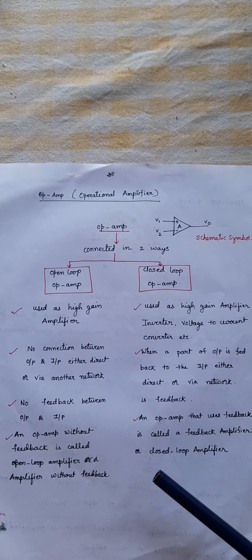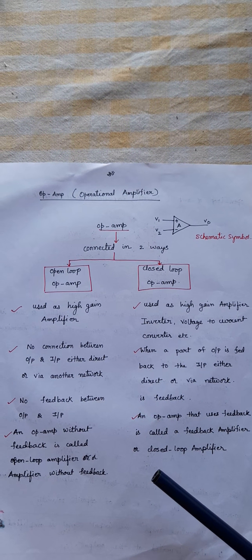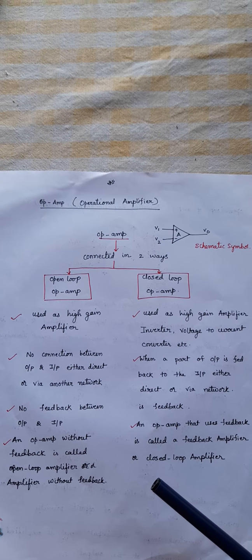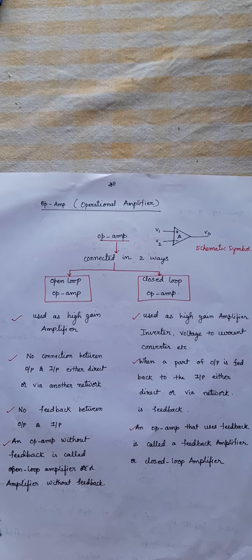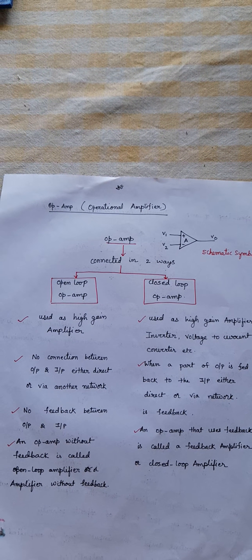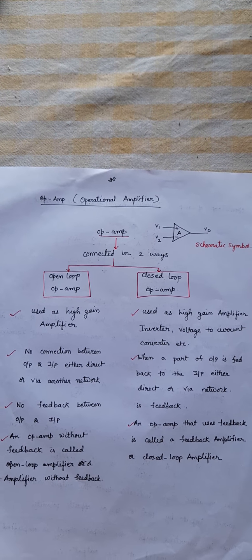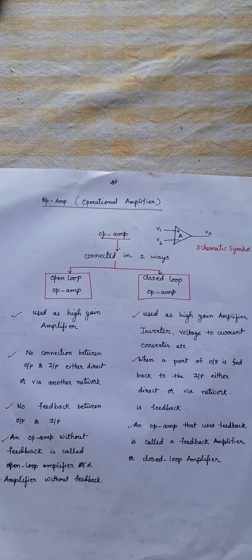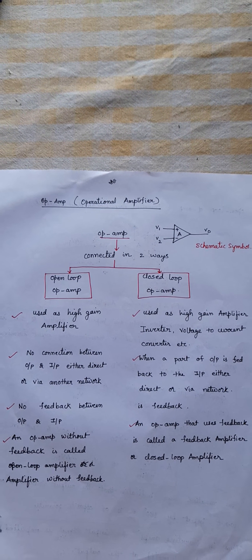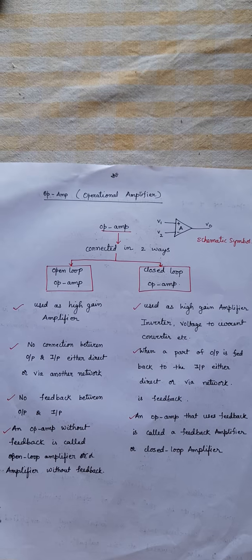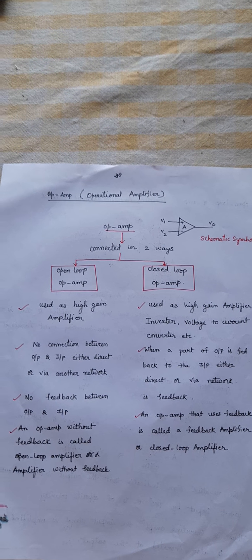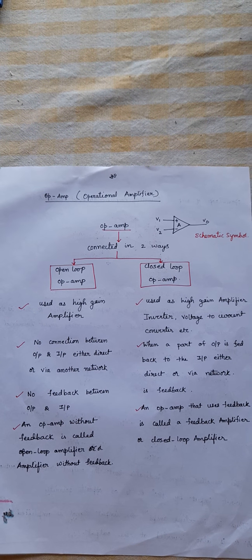Or when we want to go for an application of voltage to current converter, then we need closed loop op-amp. So what is closed loop op-amp? When a part of output is fed back to the input either directly or via network, it is known as feedback. An op-amp that uses feedback is called feedback amplifier or closed loop amplifier.